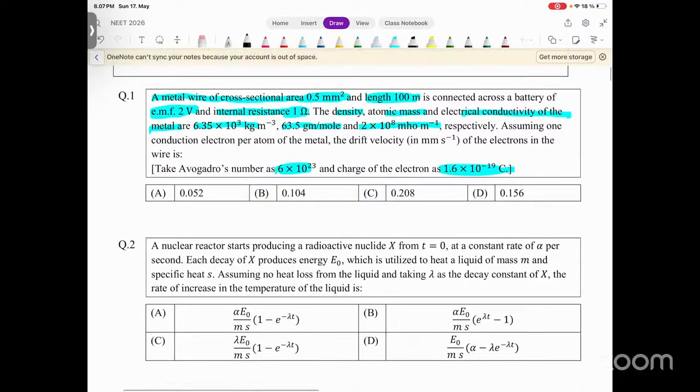Let me try to do it here. Area is given for me as 0.5 mm square, that will be 0.5 into 10 power minus 6 meter square. Length will be equal to 100 meters.